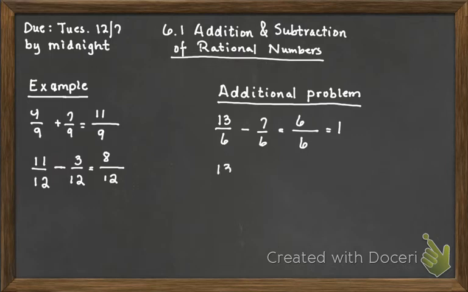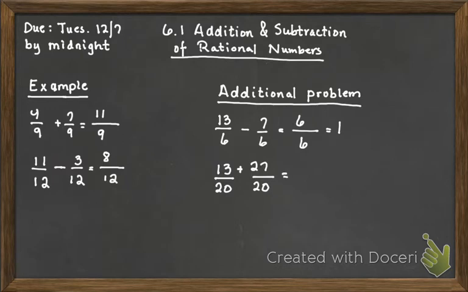Say likewise, I get 13 over, let's say, 20, and I'm going to keep my denominator common. And let's look at, let's say, 27 over 20.